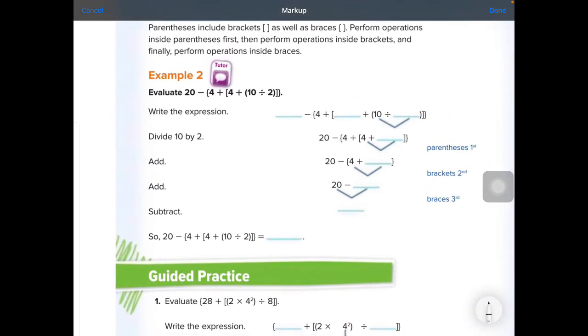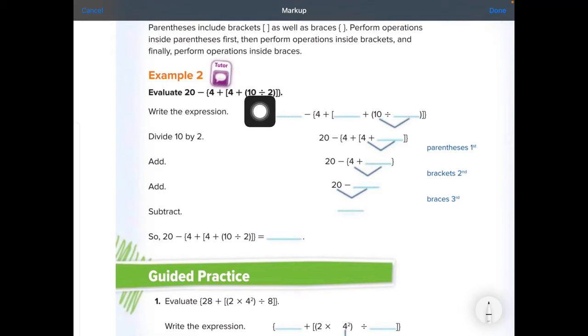Okay, example 2. Parentheses also include brackets as well as braces. I know, one more way to confuse you, right? Brackets and braces. Look, there's a bracket and there's a brace. So we perform the actions inside the parentheses first. A little trick is to go to the innermost group. So there's brace, bracket, parentheses.